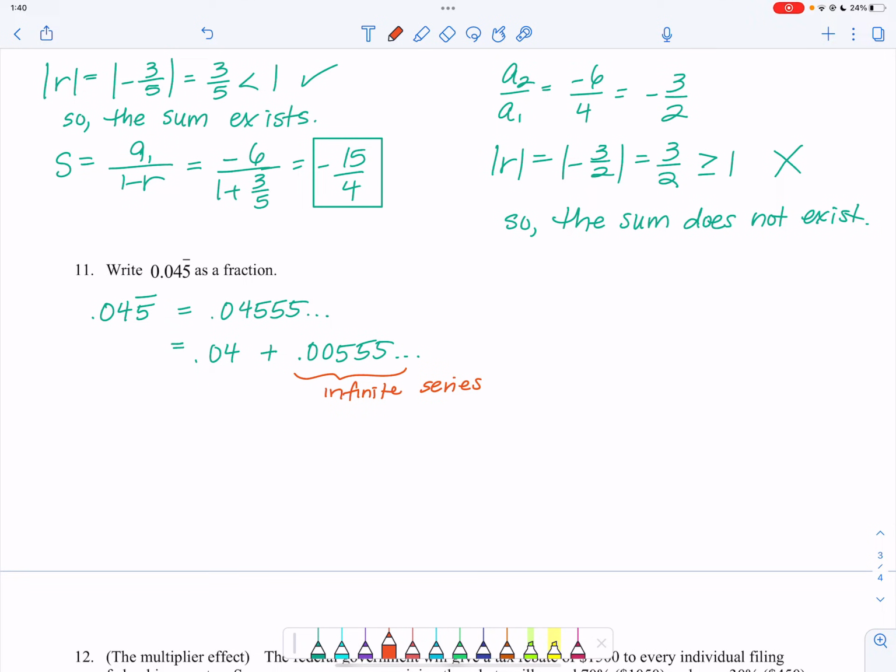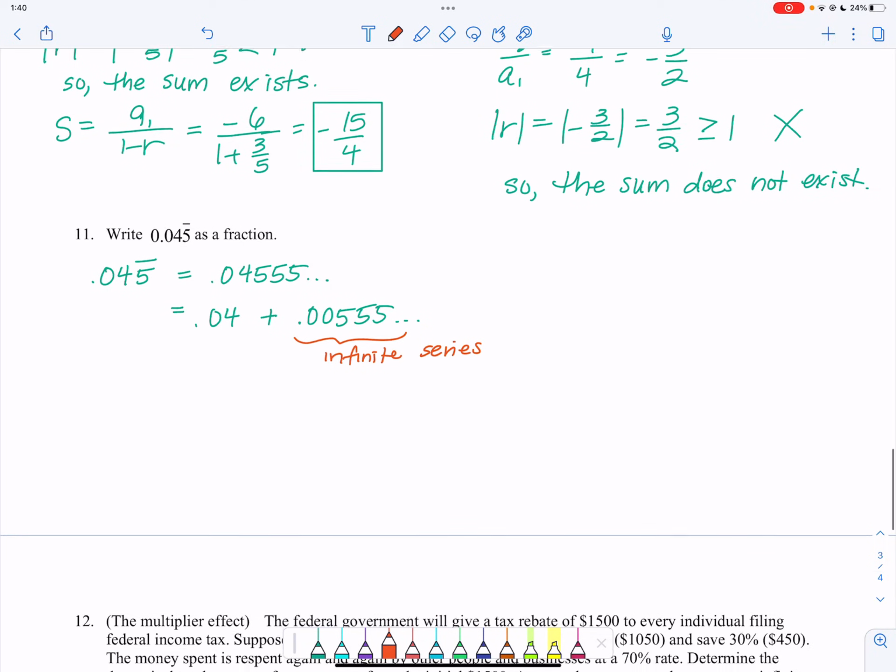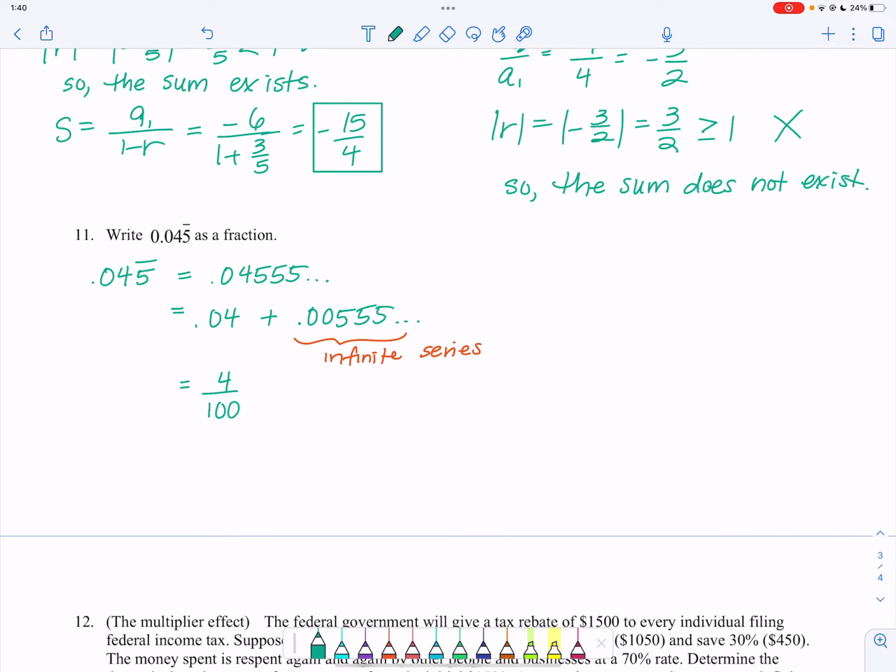And it's geometric. So now we could write that this is equal to 4 over 100 plus, and now we have to write what this is.